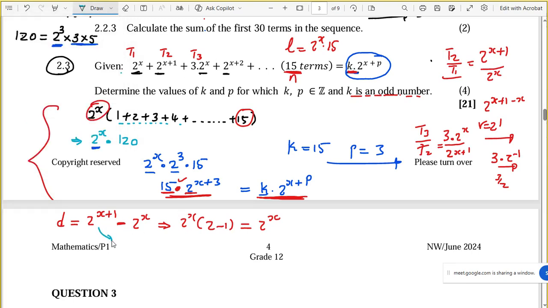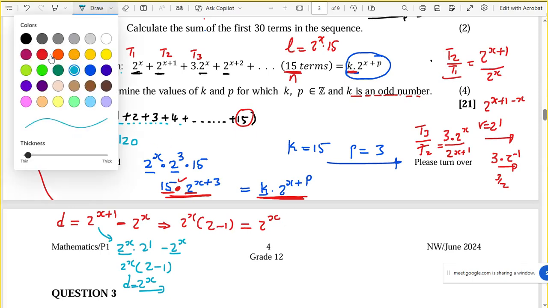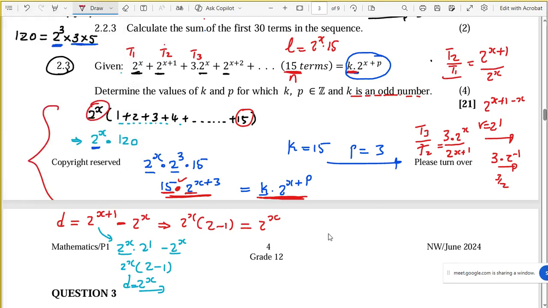You see, this term here is 2^x times 2^1 minus 2^x. We take 2^x out as a common factor. I'm left with 2 minus 1, which is just 2^x, because 2 minus 1 is 1. So this is my d. I need to get the same answer when I say d is T3 minus T2.